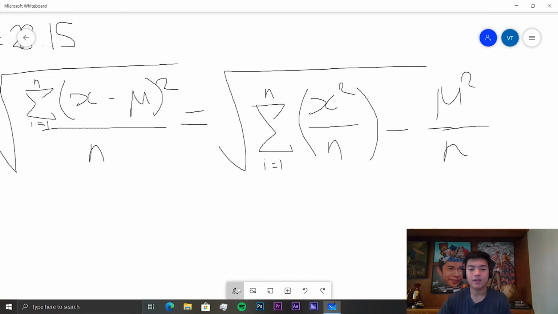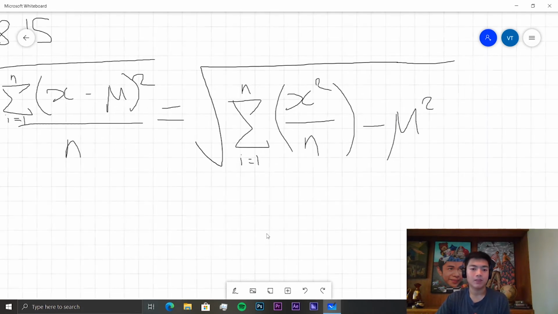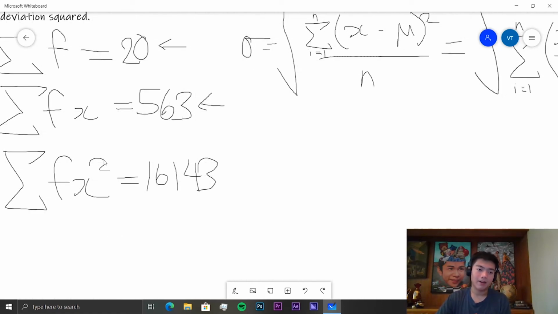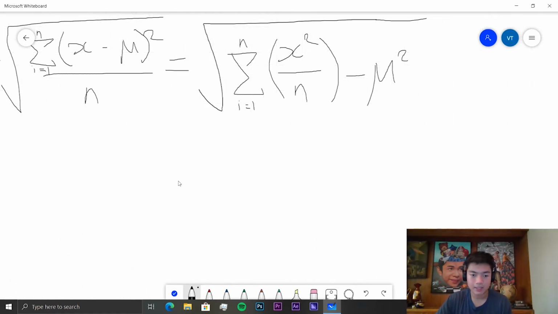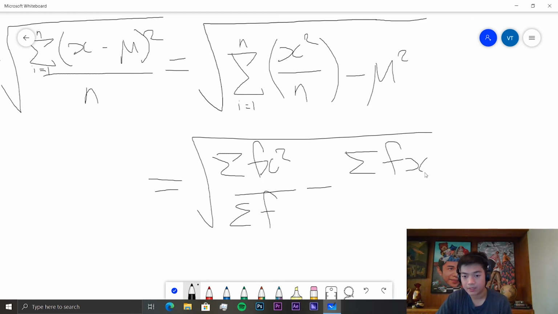I just made a small mistake. This is actually just over n, minus mu squared. How you remember it is it's the average of the squares minus the square of the average. That's how I like to memorize this formula. This can also technically be rewritten as the sum of fx squared over the sum of f, minus the sum of fx over the sum of f, squared.